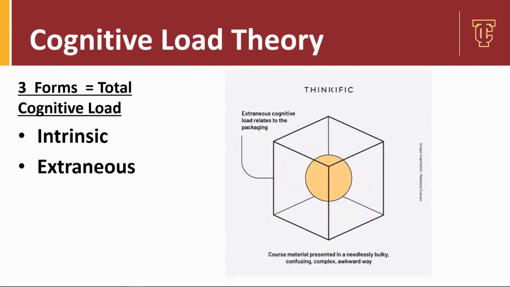When we think about the extraneous cognitive load, the extraneous cognitive load is the load generated by the way the material is packaged or presented, right? The extraneous cognitive load is something that's totally under control of the teacher.